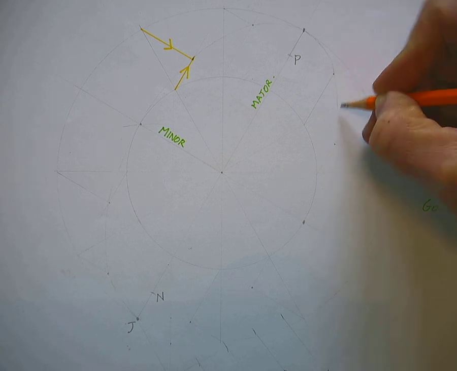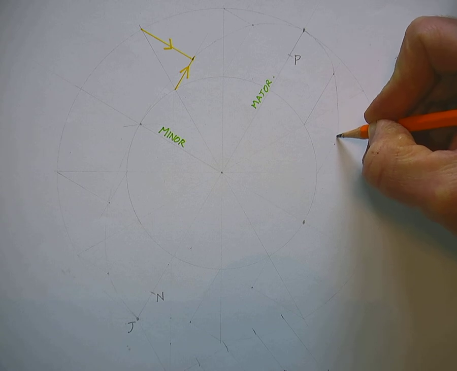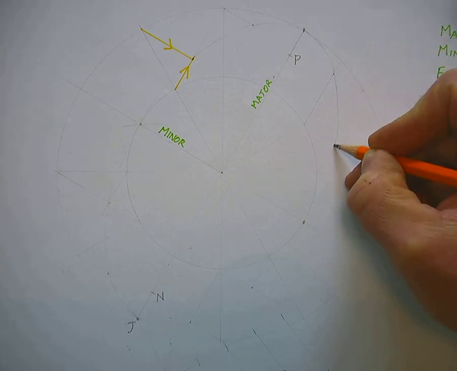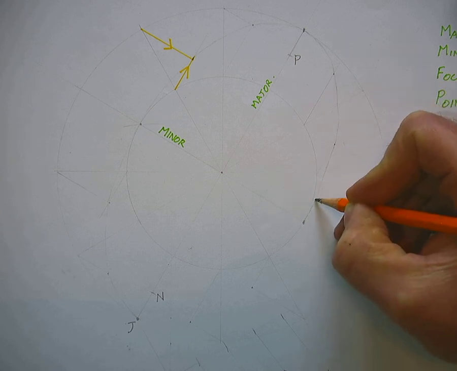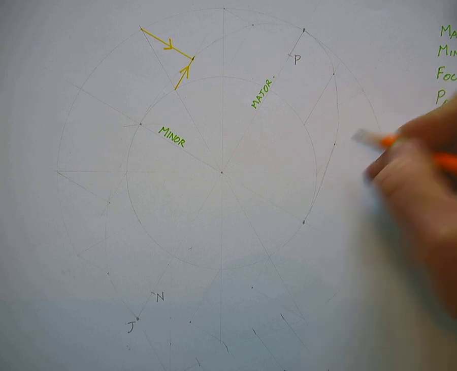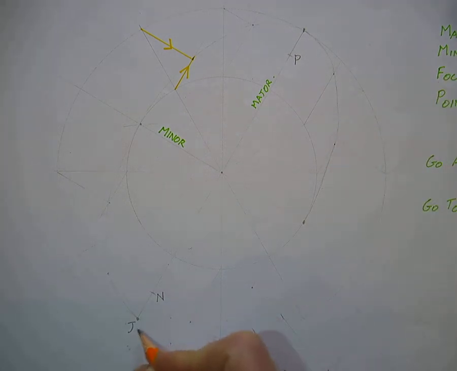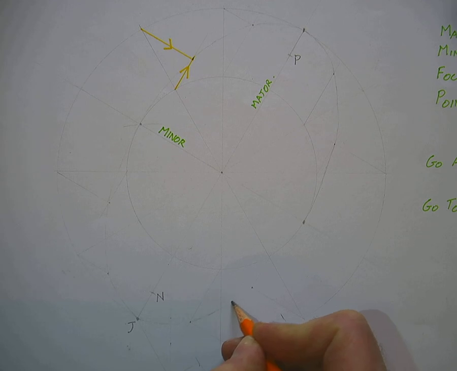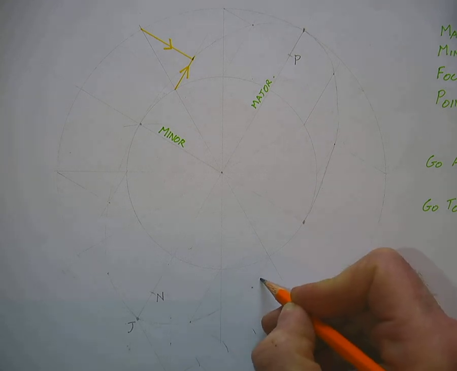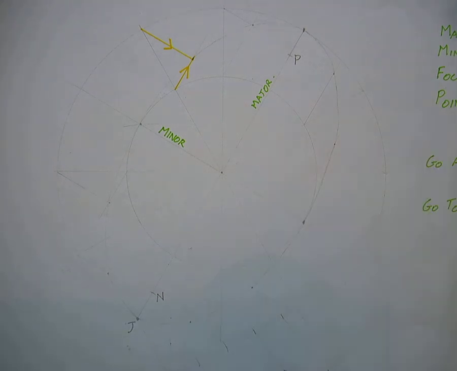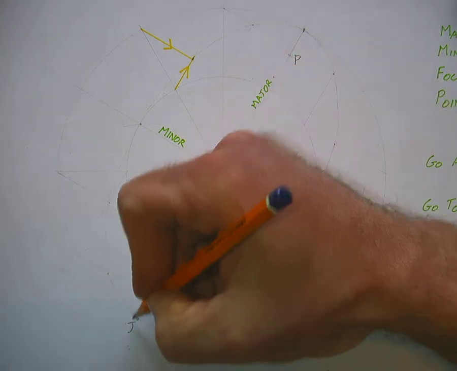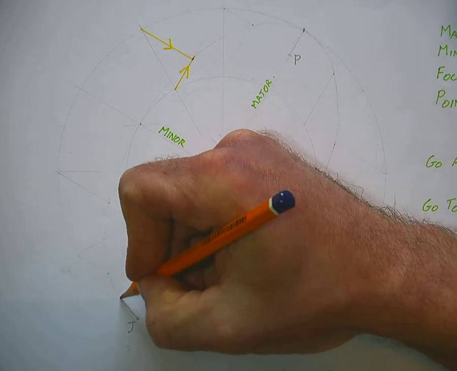So again, curve between the points as much as you can. Once I'm fairly happy with that, then I'm just going to come along now and go over it as neatly as I can.